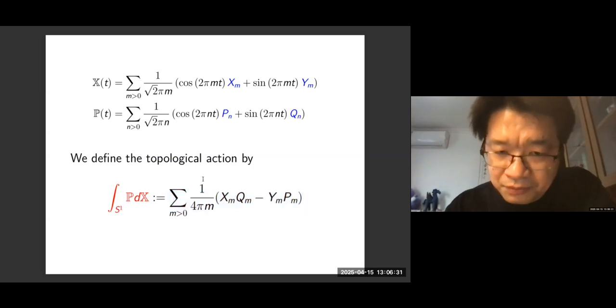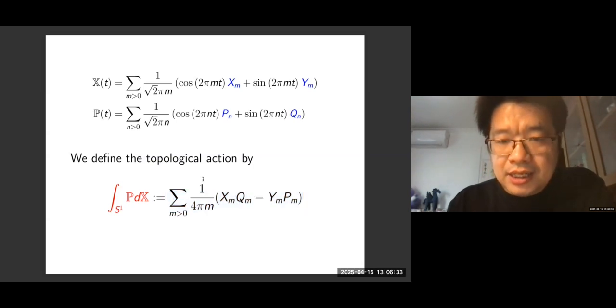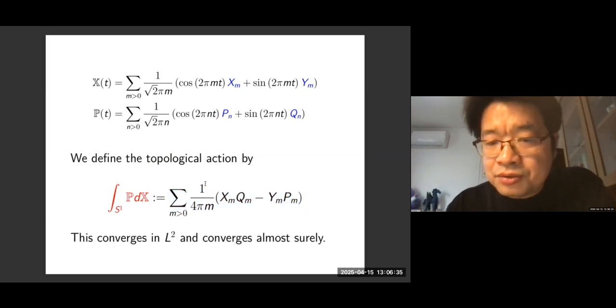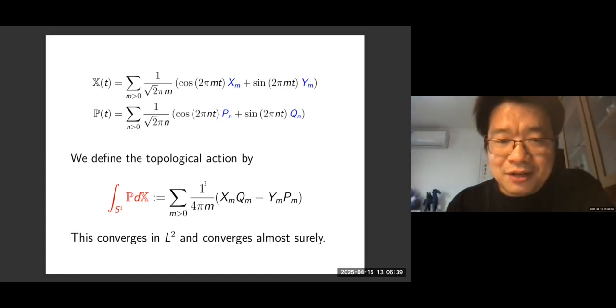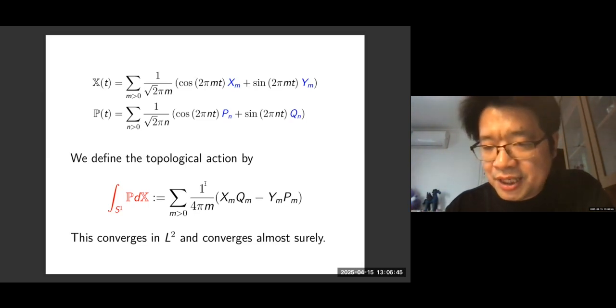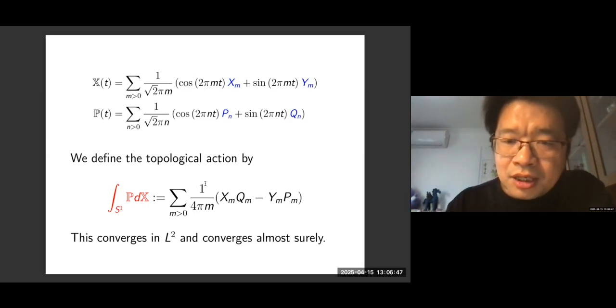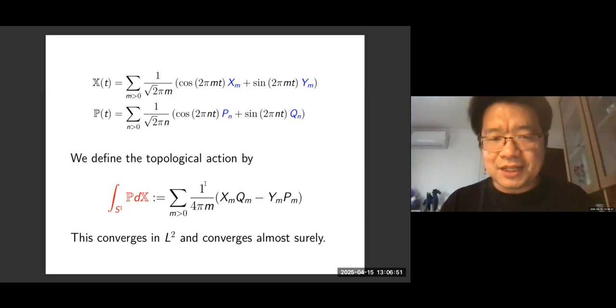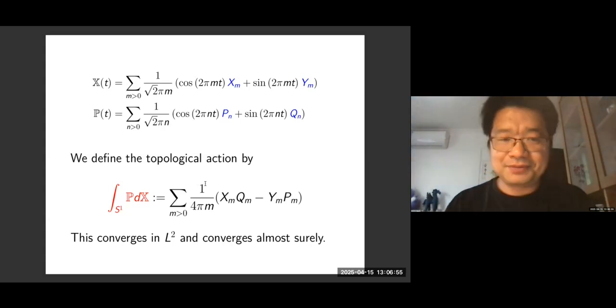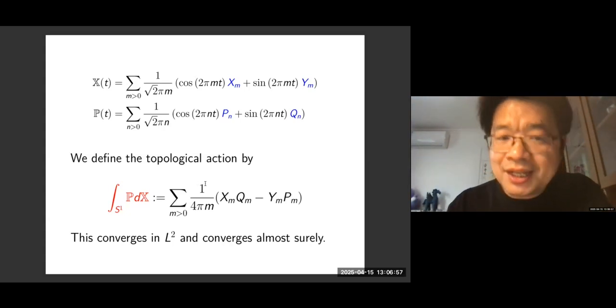That's well defined, and you can show it converges in L2 and converges almost surely. So this is a very good random variable constructed out of infinitely many Gaussian distributions. This is what I'm going to do with topological quantum mechanics, p dx, without any Hamiltonian.